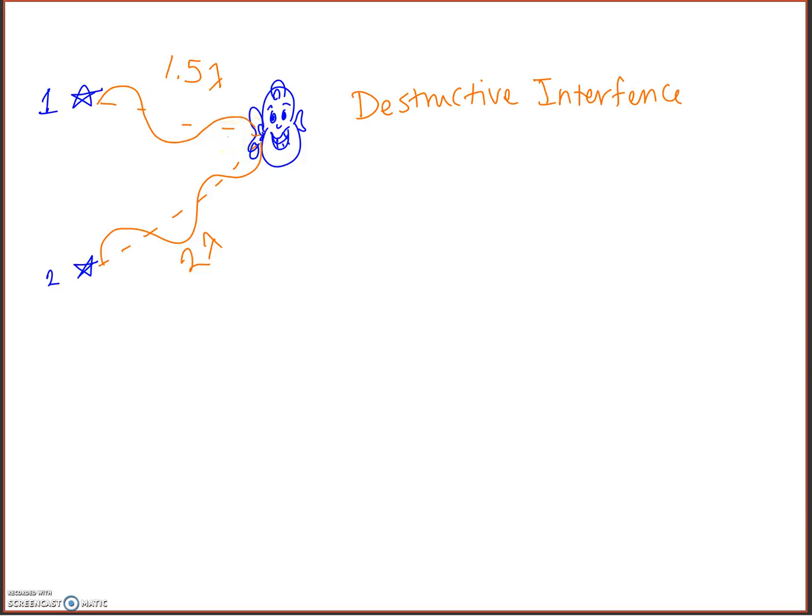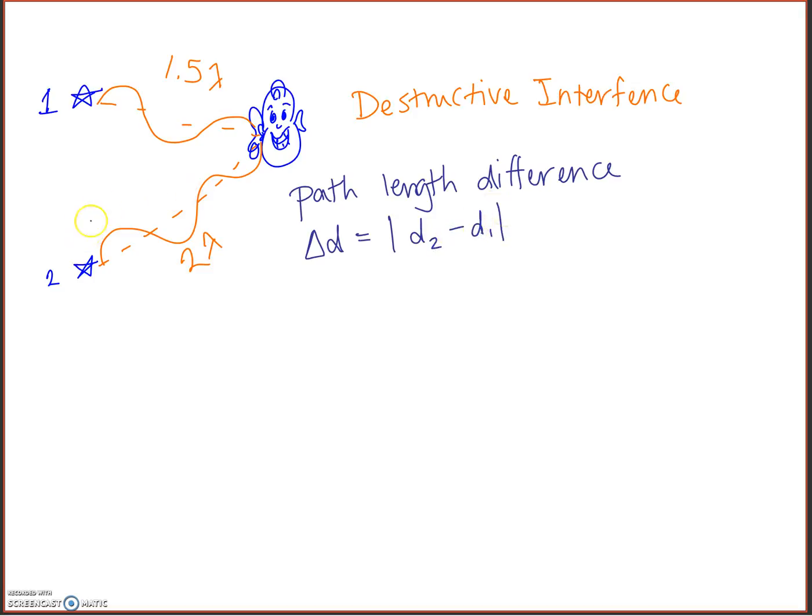So as it turns out, what we care about is what's called the path length difference. Delta D, where delta D is the difference, I don't care whether it's positive or negative, of D2 minus D1, where I'm going to define this distance here as d2 and this distance here as d1.